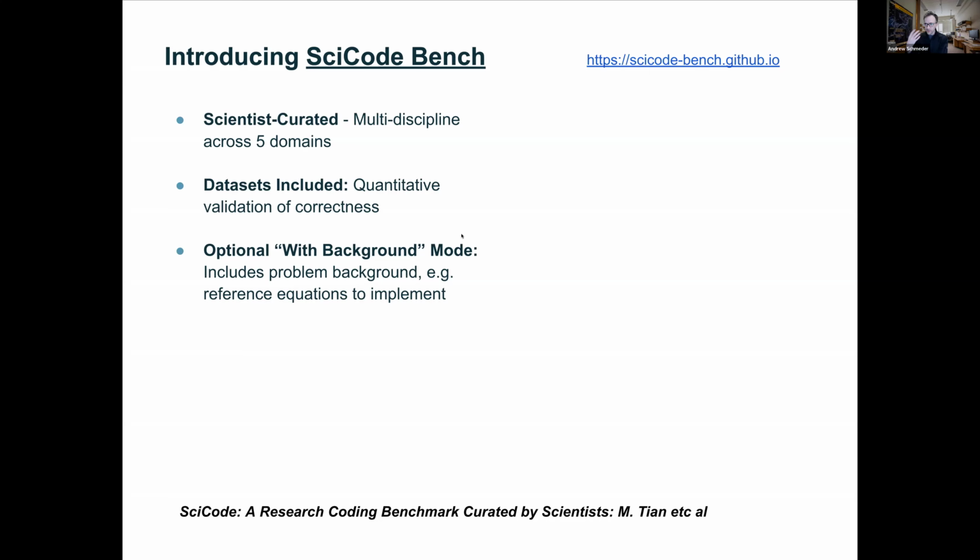So it includes datasets that are given to the code that's written to verify that they're producing the numerically correct answer. It can also be run in a mode called "with background," where it gives basically equations written out in LaTeX syntax, which are the equations that need to be implemented.